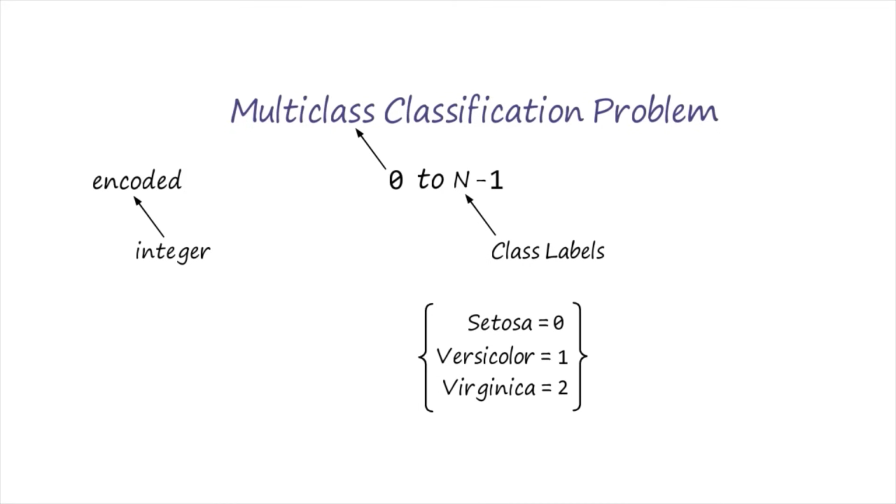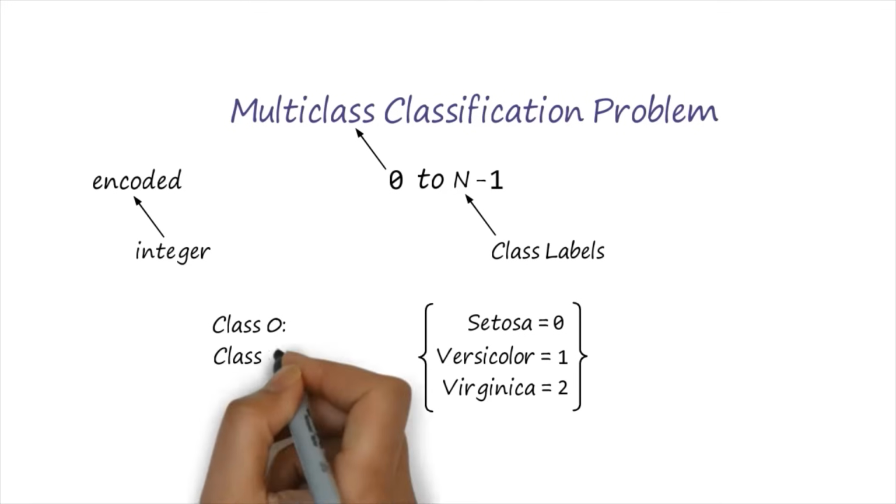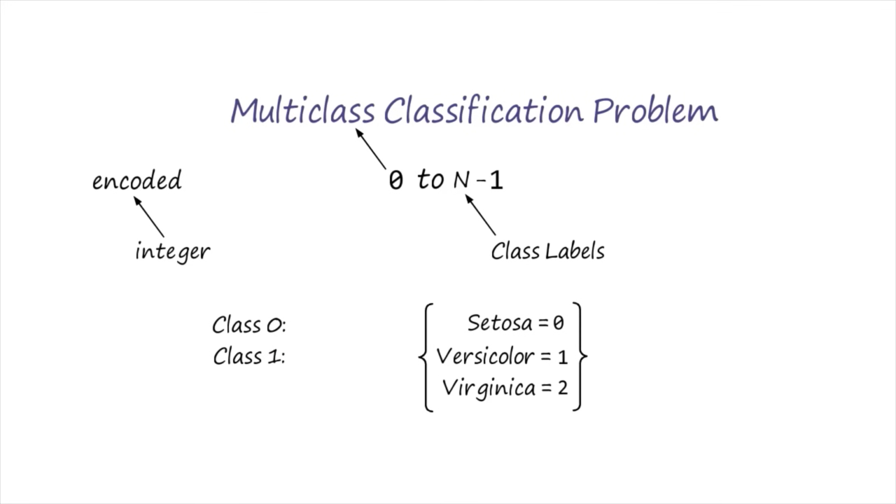So now consider this. Basically we are talking about when we have three class labels: class 0, class 1 and class 2. Why have I considered three classes? Because it is a multi-class classification problem and we are expecting more than two classes.